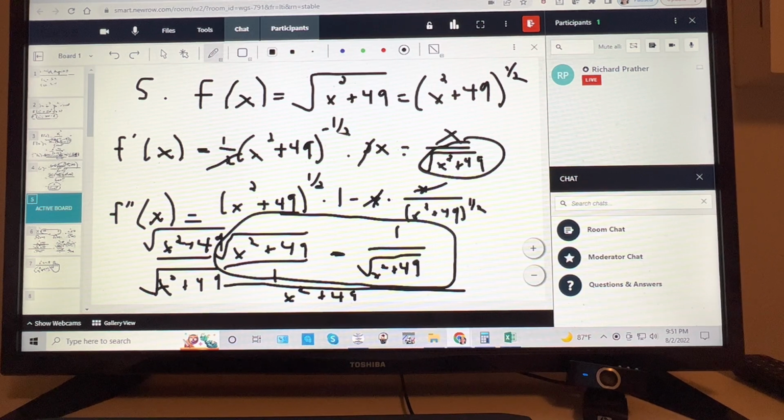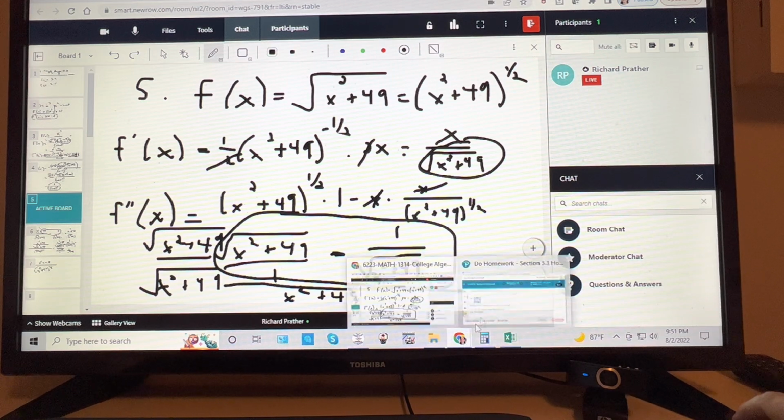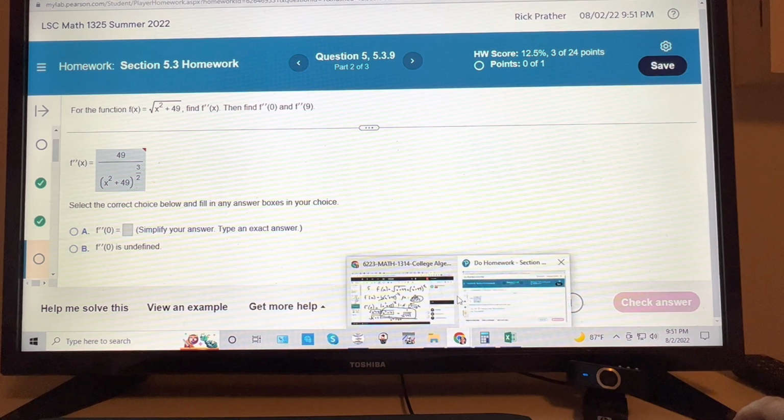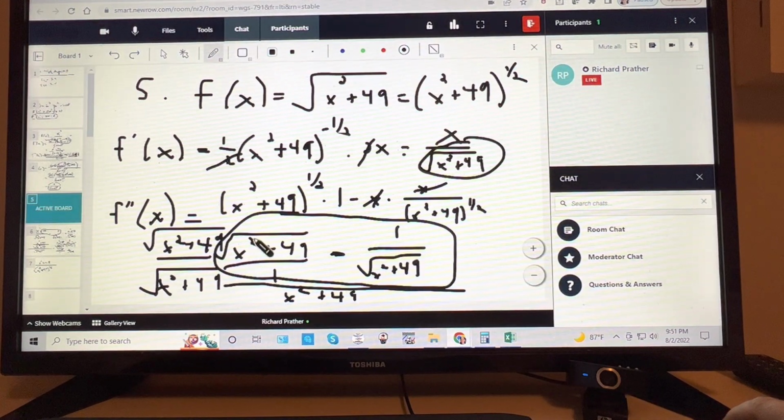Second times derivative of the first minus first times derivative of the second. Those cancel. Square root of 49. That is weird. I'm not sure where this x squared would, how that would go away at any point.